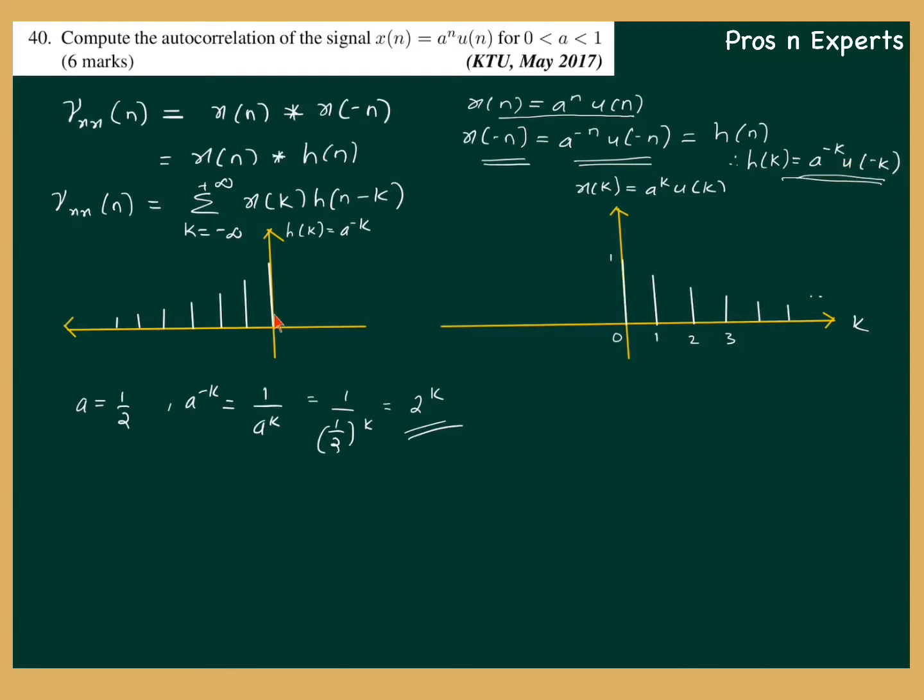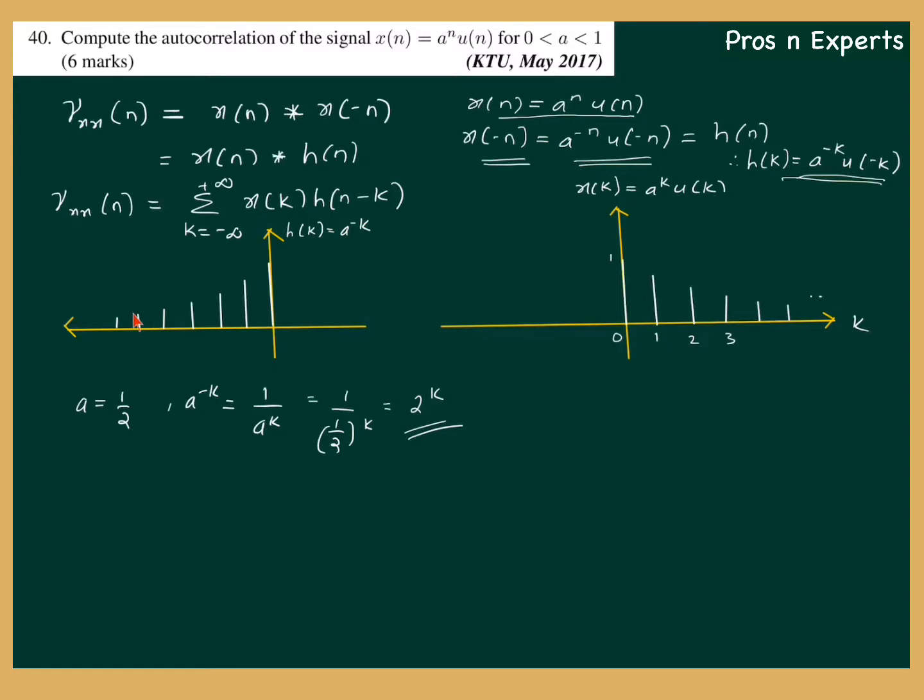But it is being multiplied by u of minus k. U of minus k is a step signal, but in the left axis. U of n is like this in the positive k axis, but u of minus k is the time reversed version, folded with respect to the y axis, so it comes to the negative k axis. That is multiplied by a raised to minus k.